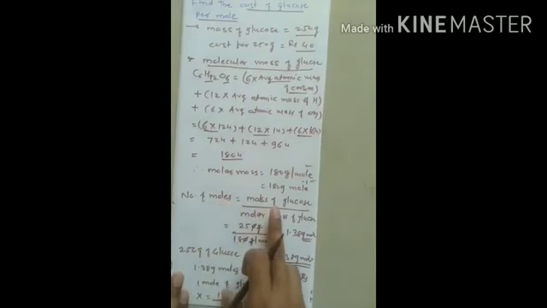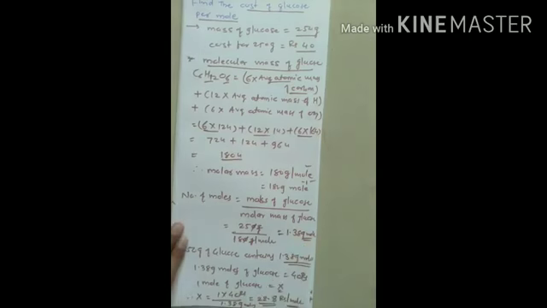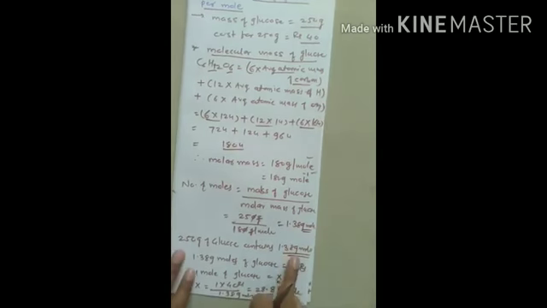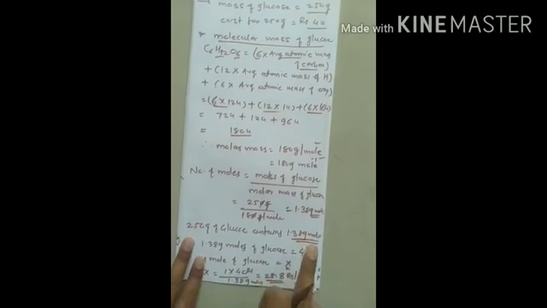It is found to be 1.389 moles, meaning 250 gram of glucose contains 1.389 moles, and for 1.389 moles the cost is 40 rupees. Therefore for 1 mole the cost is calculated this way, and it is found to be 28.8 rupees. This is the cost of glucose per mole.